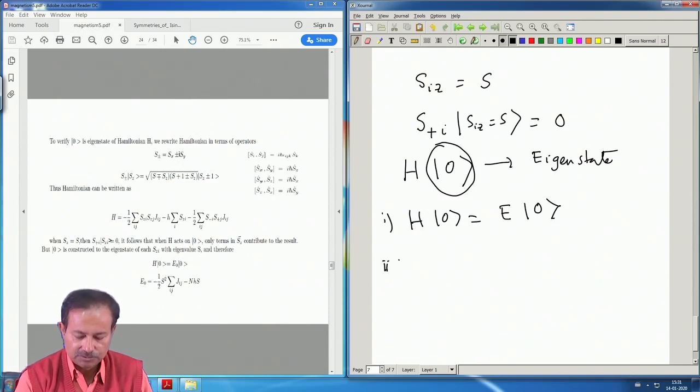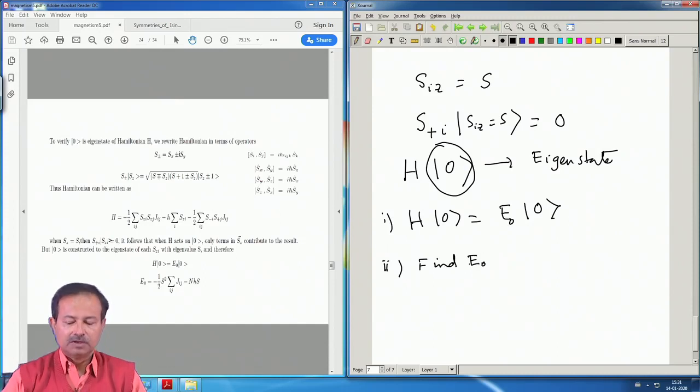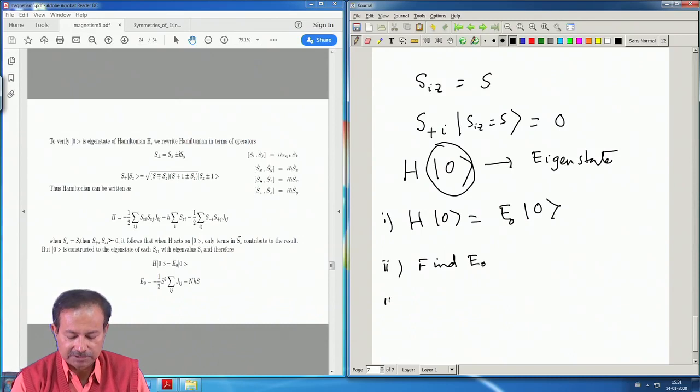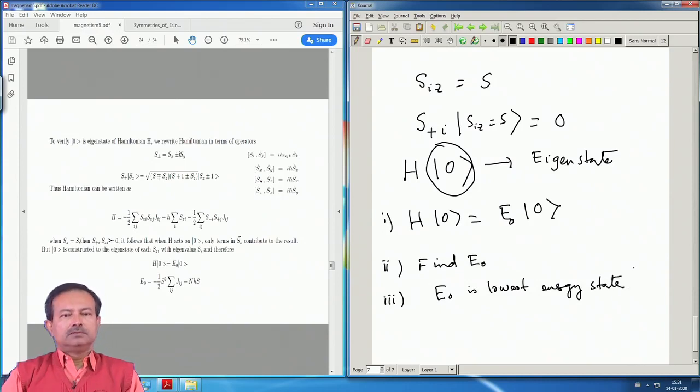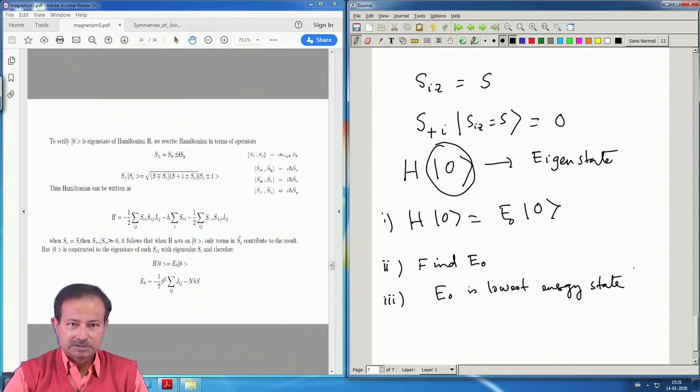Number 2, find E_0. And then of course, to show that this is the ground state, I have to show that E_0 is the lowest energy state. That is all we are doing. We are trying to figure out what is the ground state.